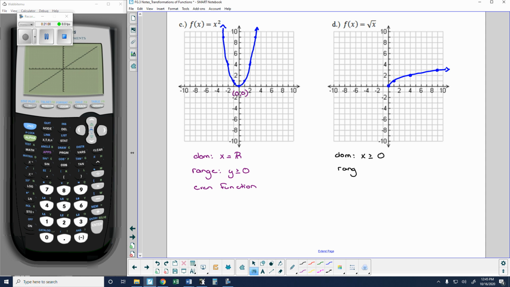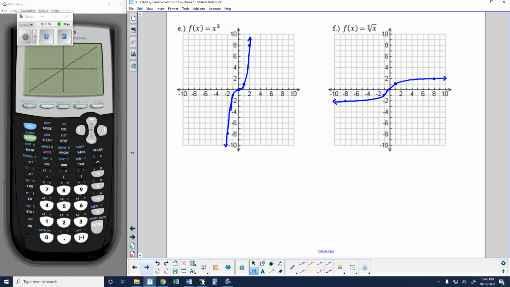The range will actually be the same for the y, so it never goes below the x-axis. It does go above forever as we go to the right, so the range is going to be greater than or equal to 0. This is neither an even nor an odd function, so this function does not have symmetry. It does have an initial point, and its initial point is the same as the previous function, 0, 0.